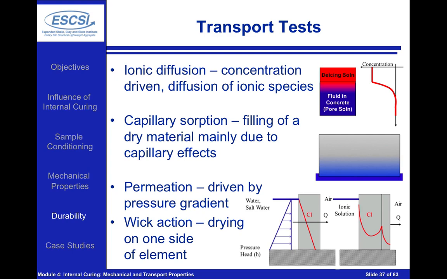On one side of our sample we may have a high ionic concentration. Inside of the pore fluid of our concrete we may have a lower concentration. This could be an example of a water saturated concrete that's in contact, for example, with salt water or with the icing solution on top of the surface of our concrete. Over time, those chloride ions or other ionic species will want to move through the concrete. They move by a mechanism called diffusion.